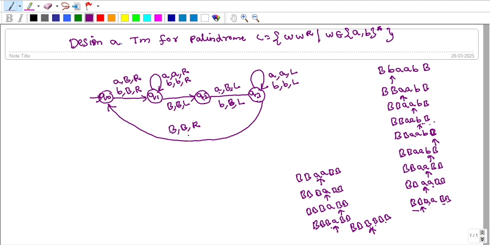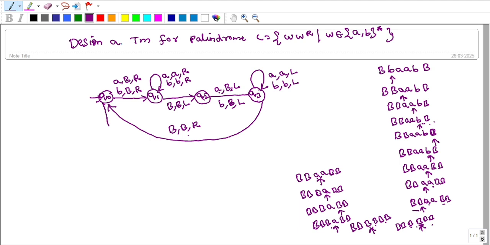So we will be moving on the right. When we move on the right, we will be going to a state called Q0. When you move on the right, you will be encountering again B, but you will be standing in the state called Q0. So when you move on the right, if you encounter a blank symbol, that means all the symbols have been replaced.